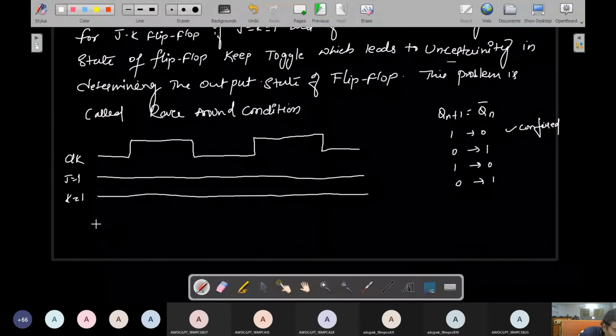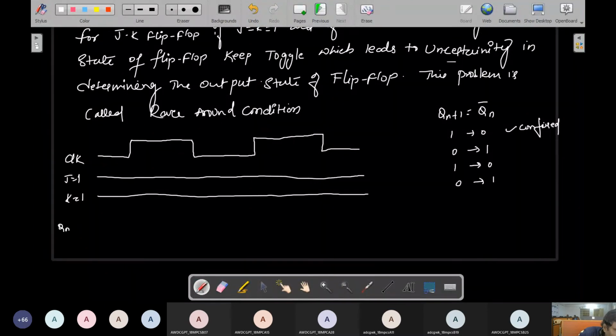I'll explain. Now what about your Qn plus 1 value around this race around condition? At this point the clock is at a high condition.